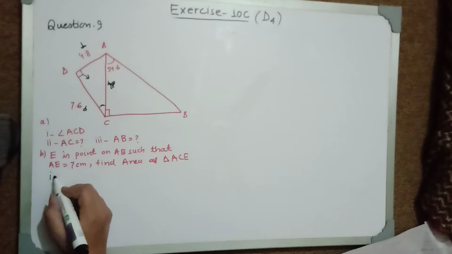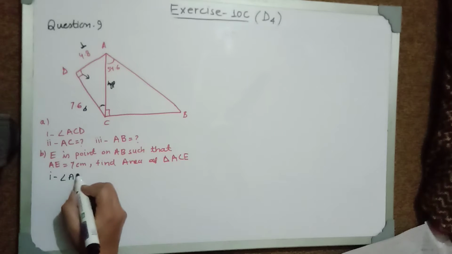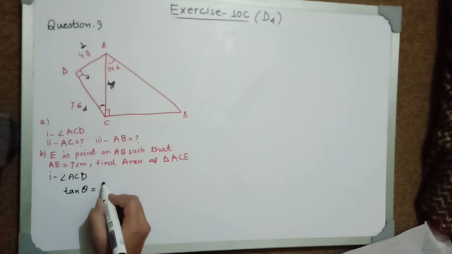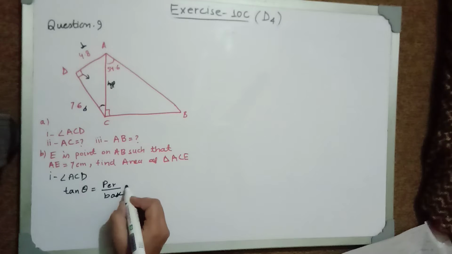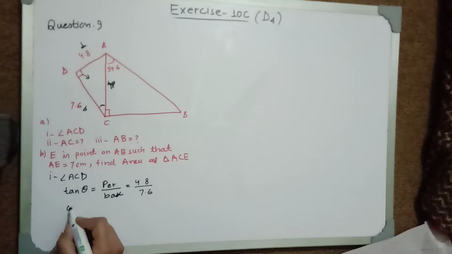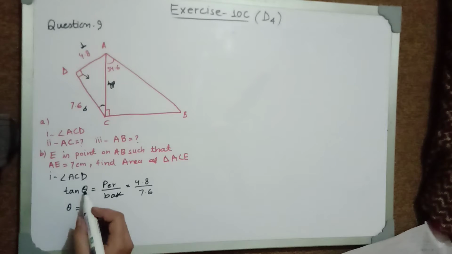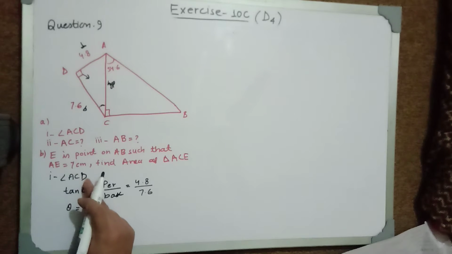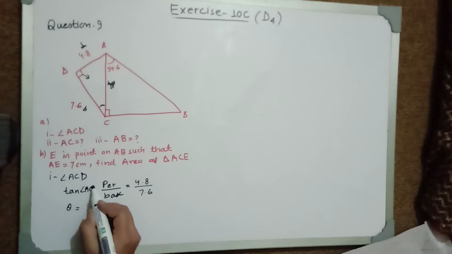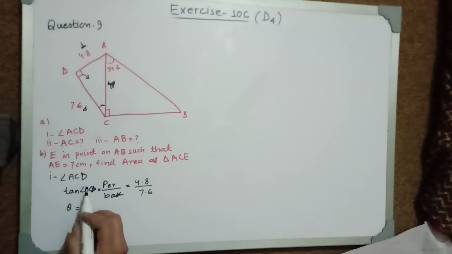So let's start. First part is angle ACD. I'm applying tan theta is equal to perpendicular over base. I know the value of perpendicular, that is 4.8, over base, which is 7.6. So theta, which is angle ACD, or I can alternatively write it as tan angle ACD. It will be correct both ways, but just to remember that this is the angle that we are finding.